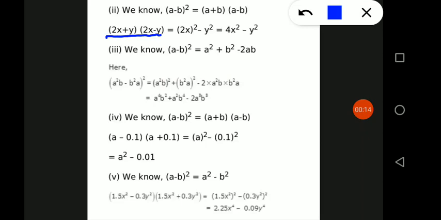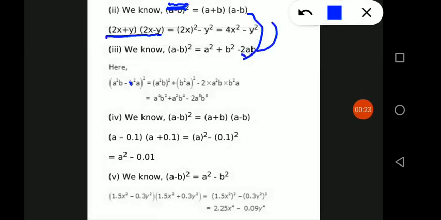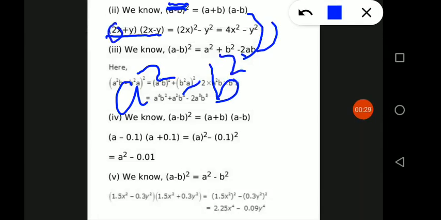So we will apply the formula (a plus b) into (a minus b), which is equal to a square minus b square, where a is equal to 2x and b is equal to y.